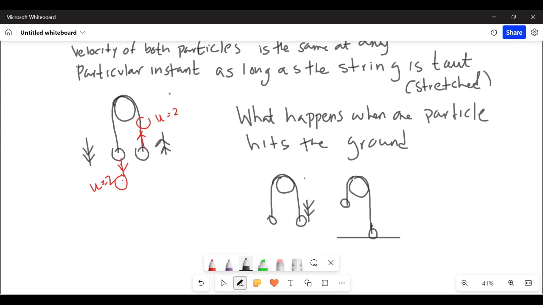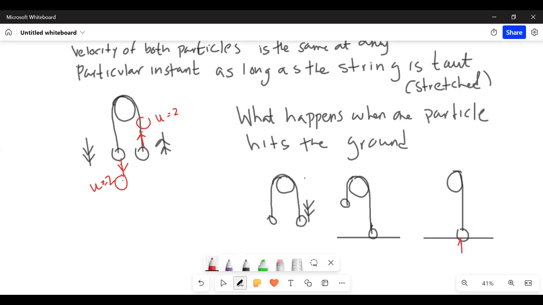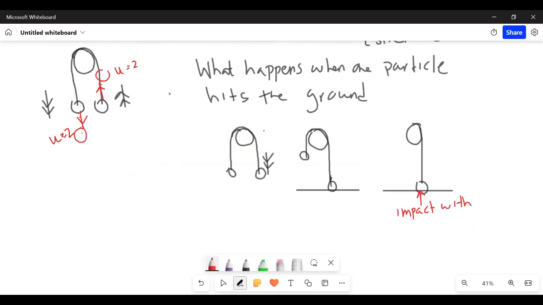But since there's impact here between the first particle and the ground, right? Impact with ground makes the string slack.